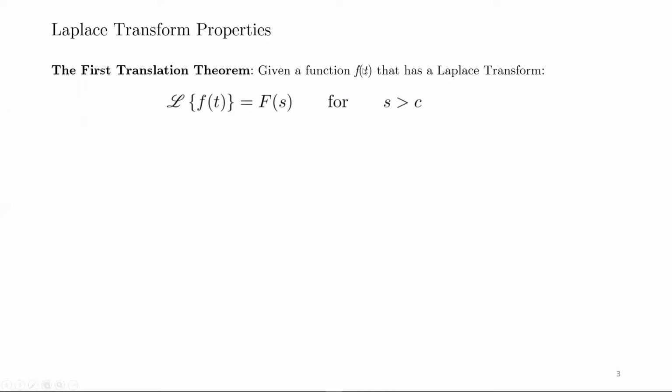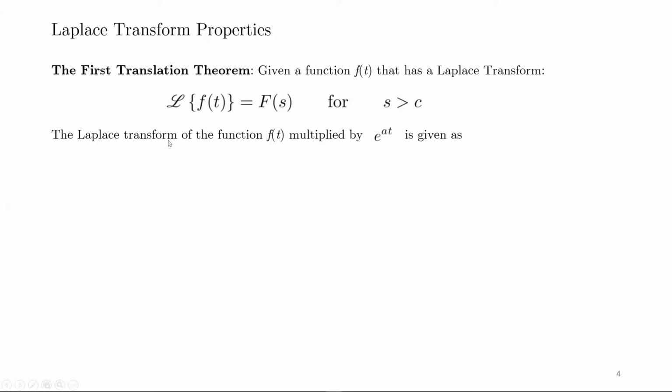So given some function f of t that does have a Laplace transform, well, we know that we can write this as the Laplace transform of f of t is equal to this capital F of s, for some value of s. It has to be greater than some number c.